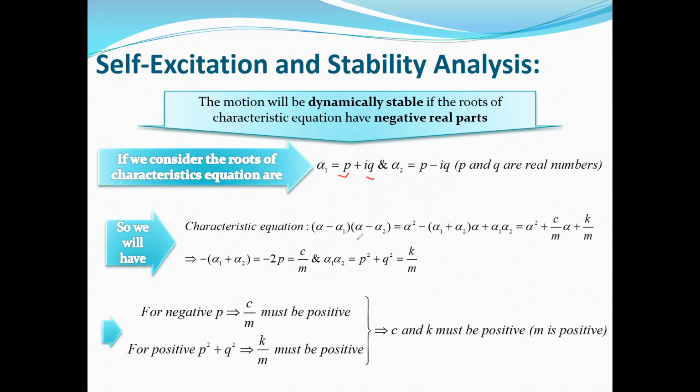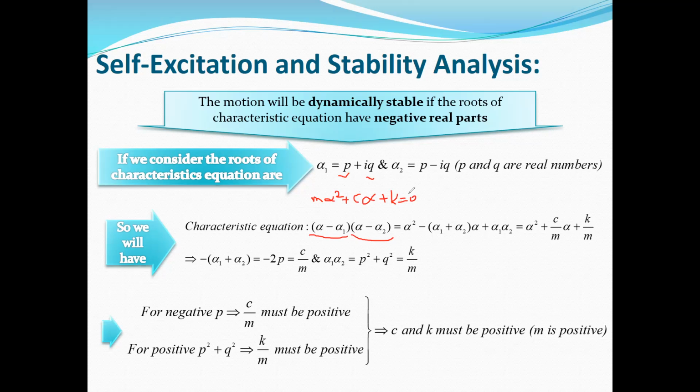So if we substitute into the characteristic equation, we can rewrite it in this form, because we know that the roots of this equation are alpha 1 and alpha 2. I mean the equation m alpha squared plus c alpha plus k is equal to 0.